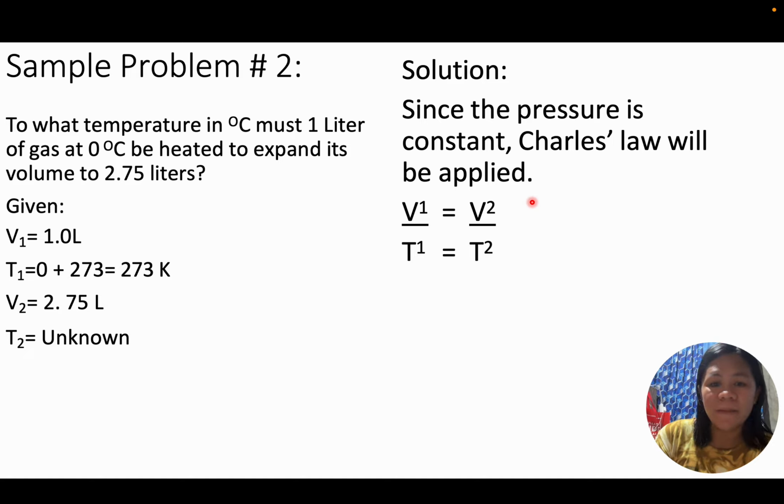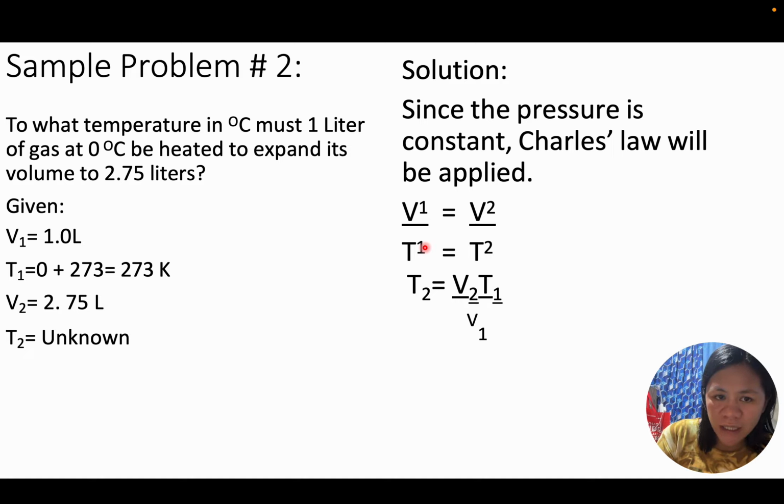So, ganun yung ginawa, diba, sa pag-determine or pag-rearrange ng formula. And then, we're gonna come up with this formula. So, again, gitransfer natin yung T2 sa V1, T1 sa V2. Okay? So, since T2 yung hinahanap natin, yung V1 is bababa. So, nandito na siya sa baba. Okay? So, distribute lang natin.